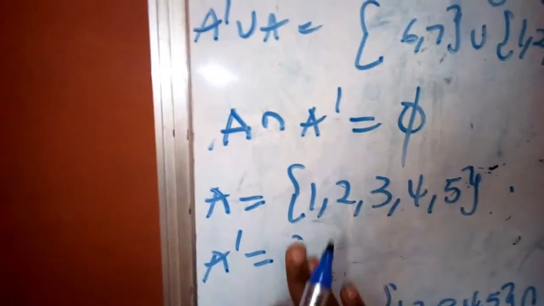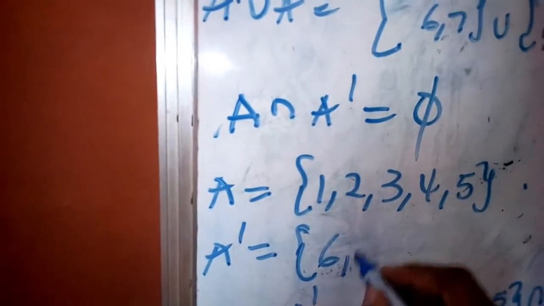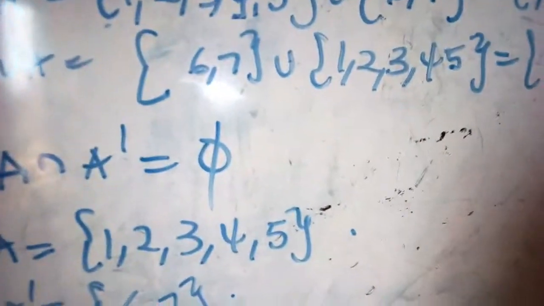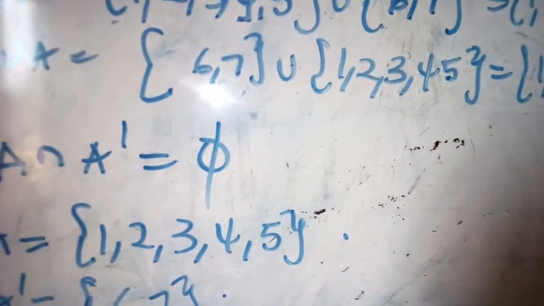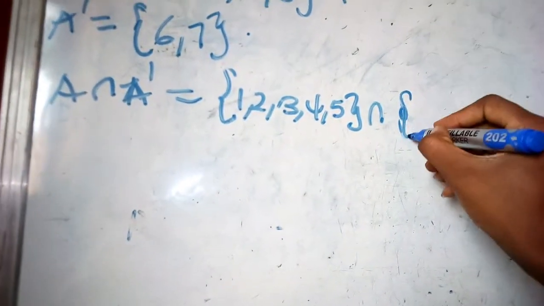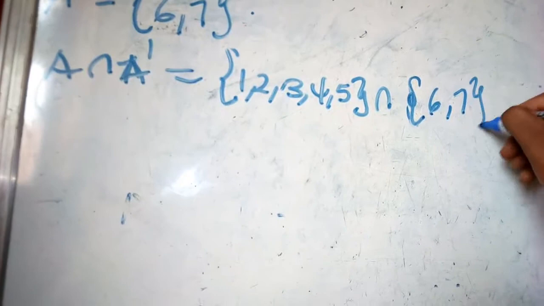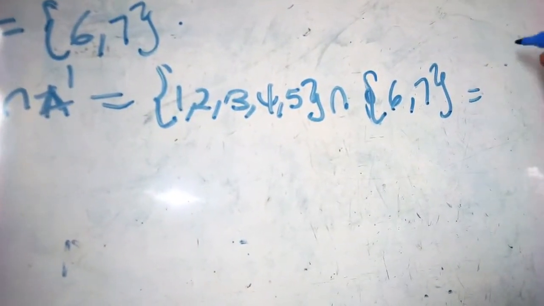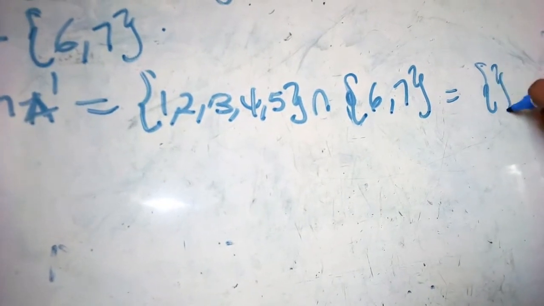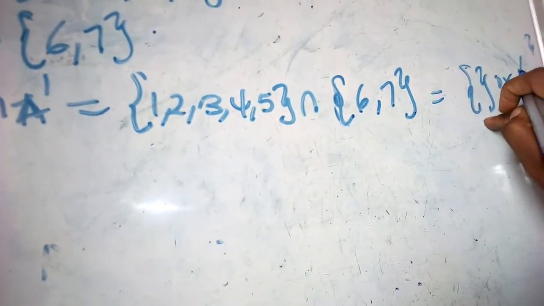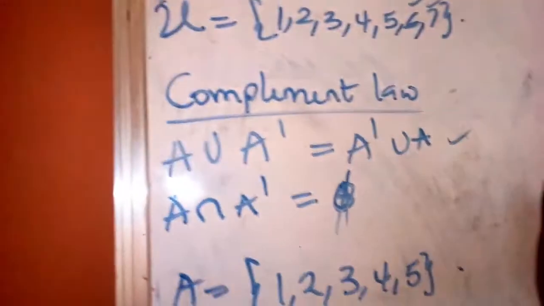So we have A intersection A prime, which is 6 and 7 intersected with 1, 2, 3, 4, 5. And if you look at it, what's common between both? Nothing. So we have an empty set, or we denote it by this or this. And so we have proved that this equals this.